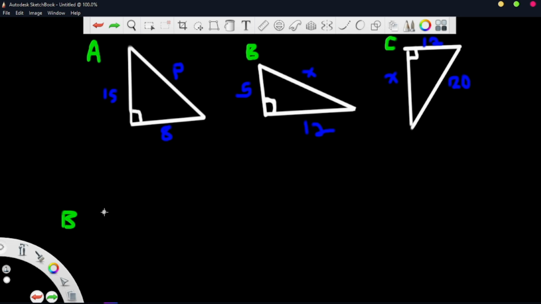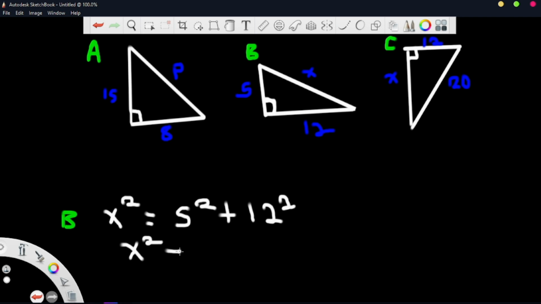So I want to solve for my x. I'm going to say x squared is equal to 12 squared plus 5 squared, or let me just start with 5 squared plus 12 squared. So my x squared: 5 squared is 25, 12 squared is 144. What is 25 plus 144?